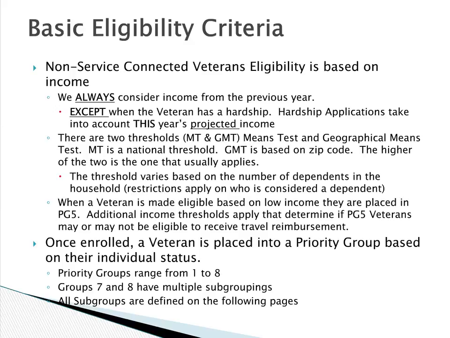If you don't have a service-connected disability, then we look at your income. And across the country, there's two income levels. There's the geographic threshold and the national threshold. So we look at it on a zip code level. And if your area is a lower cost of living area, then whichever one of those two is the lower, it would be the one that applies.